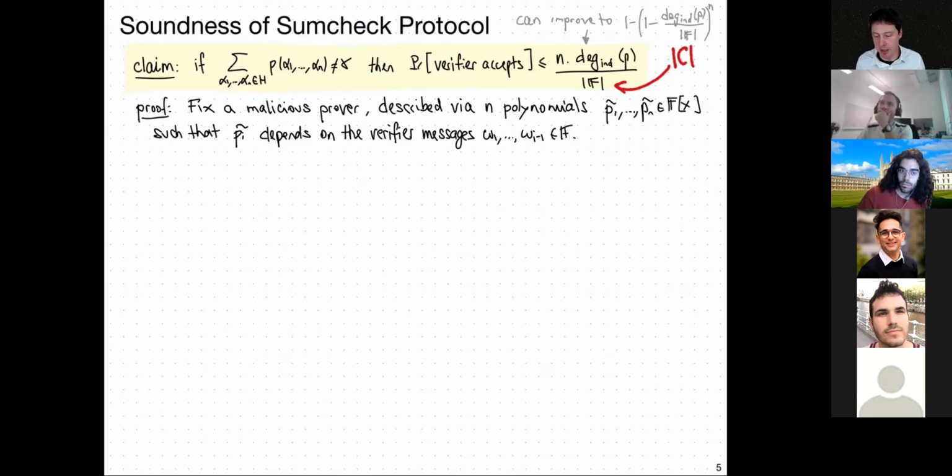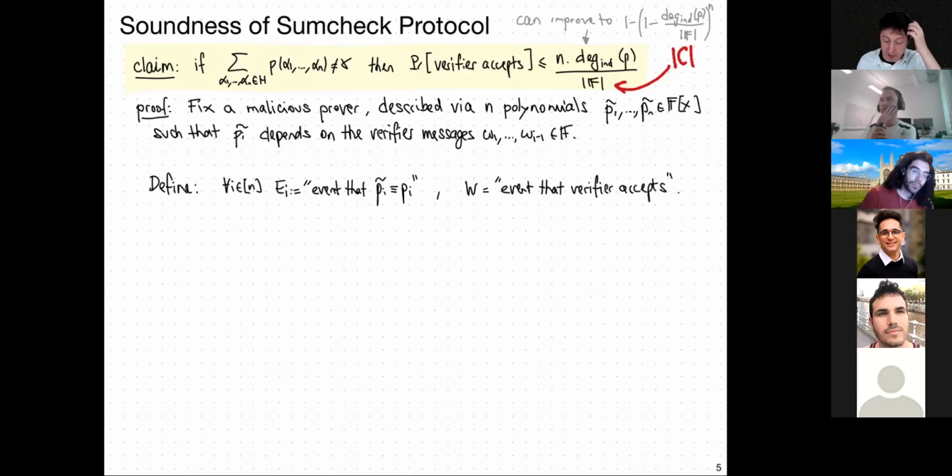The tilde is a typographical modifier often used for malicious objects. Each of these will depend on the randomness so far. P1 will depend on nothing, P2 will depend on omega 1. In general, Pi tilde will depend on omega 1 through omega i minus 1. So the malicious prover is fully specified by these n functions on the randomness so far.